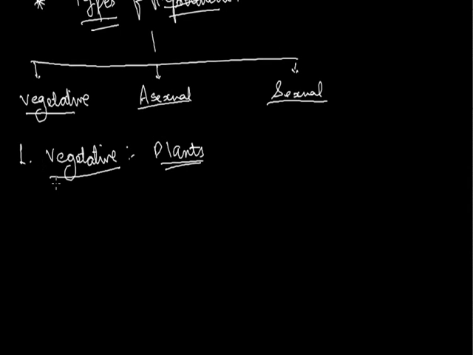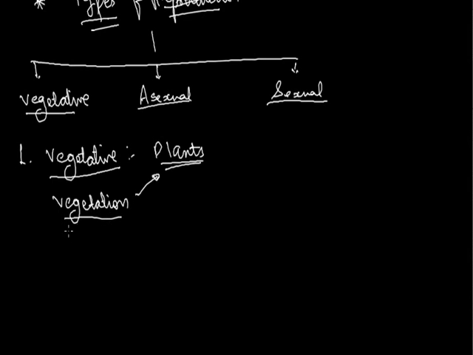If we see this term vegetative, the word vegetation is already related to the plants. So vegetative means vegetation, and vegetation means the plants. So the plants are the organisms which will only show this vegetative type of reproduction.